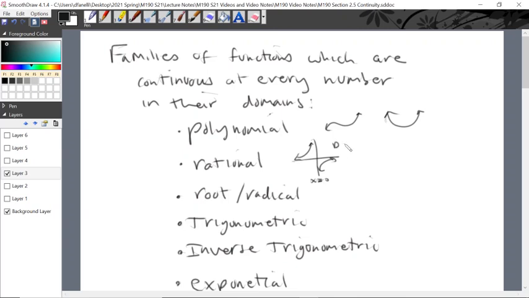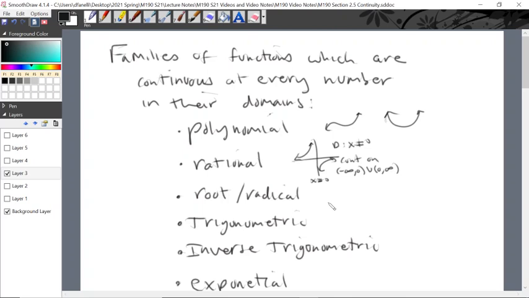Well, then the domain of this function is that x is not equal to 0. And the rational function is then continuous on its domain. So this would be continuous on the intervals negative infinity to 0, open, union, 0 to infinity. That's its domain. Roots and radicals, those are also going to be continuous on their domains.